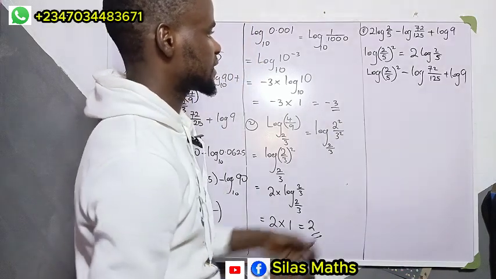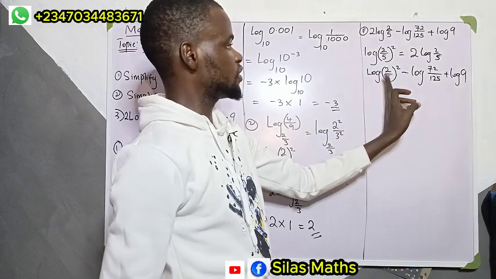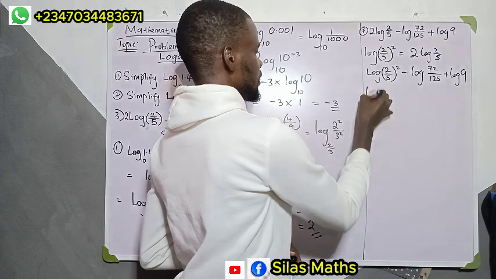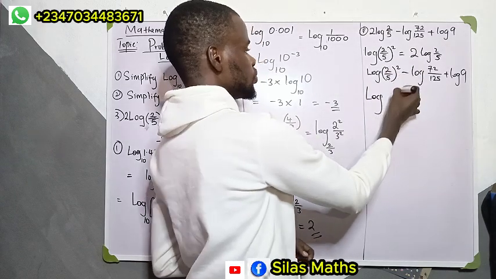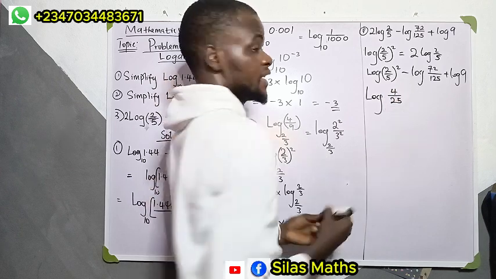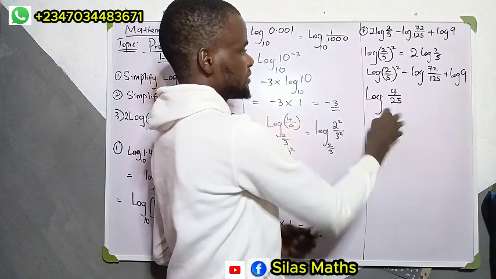So if that is the case, this is subtraction, this is addition. So what would that be? Log 2 over 5 all to the power of 2 is the same as 4 over 25, right? Yes, because 2 raised to the power 2 is 4 and 5 raised to the power 2 is 25.